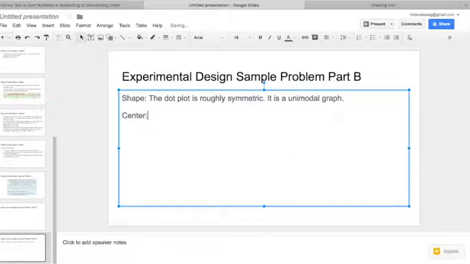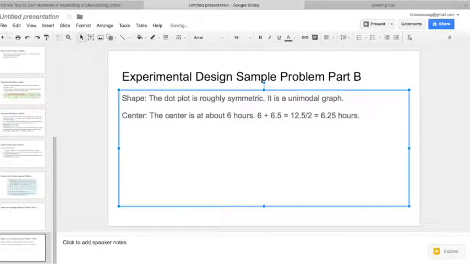Now the center. The center is at about 6 hours. 6 plus 6.5 equals 12.5, divided by 2 is roughly 6.25 hours.